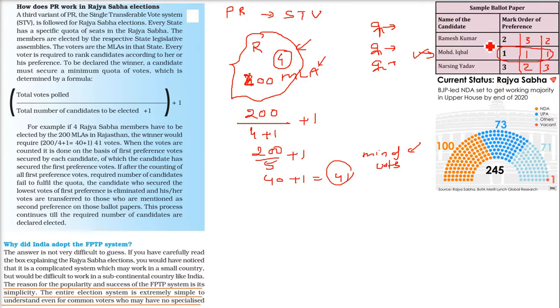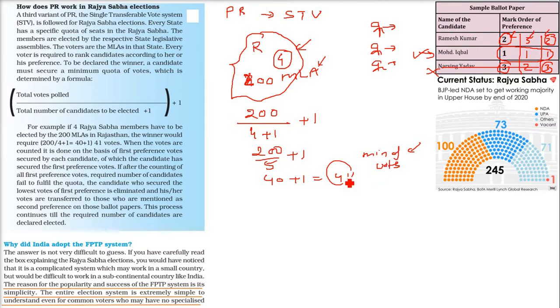Now if you see here, Ramesh Kumar has got the second preference twice. But Narsingh Yadav has got the third preference twice. So Narsingh Yadav will be eliminated. And his votes will be transferred to Ramesh Kumar and the other members who are fighting, because Mohammad Iqbal is already elected.